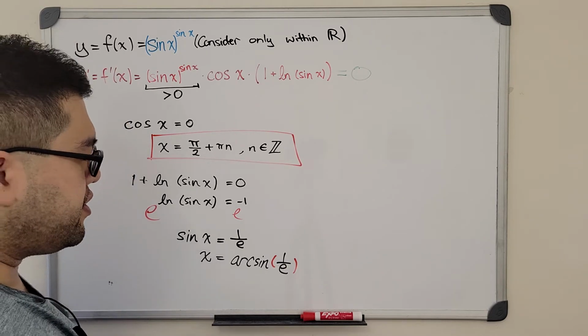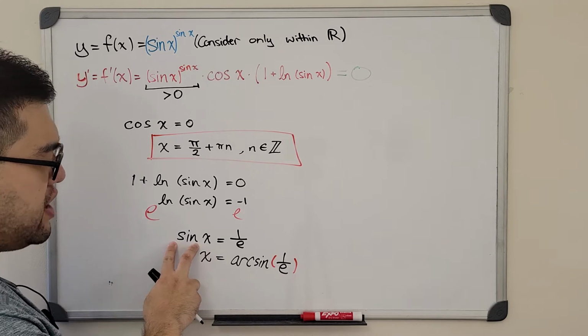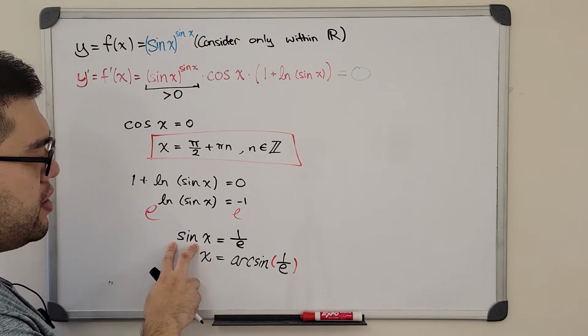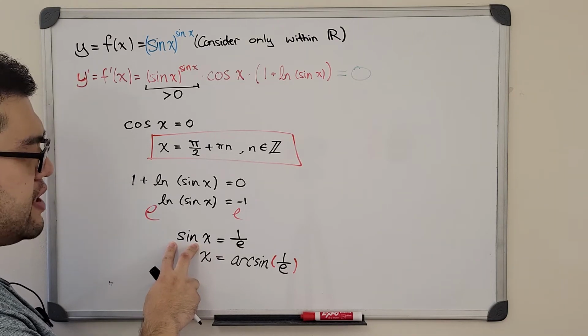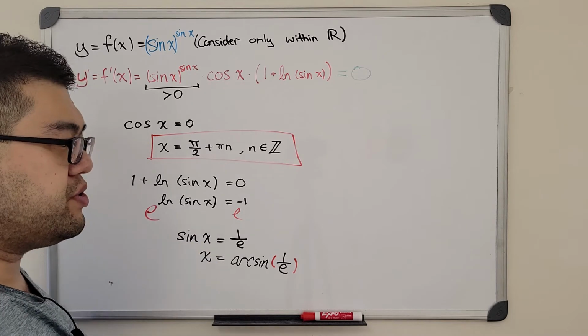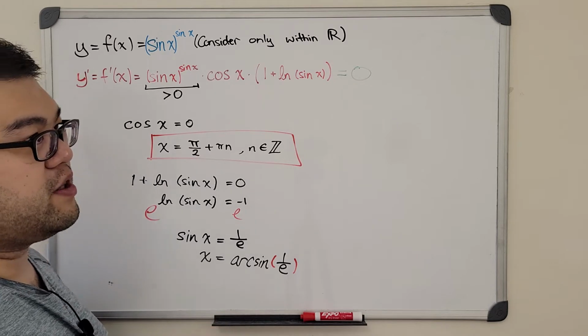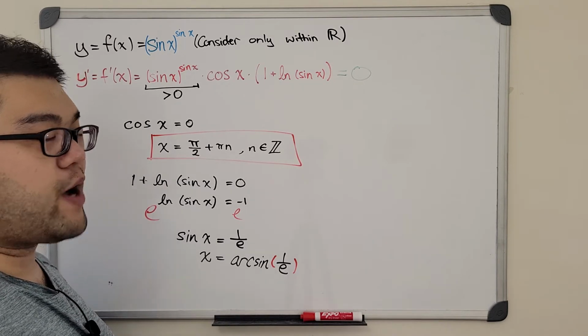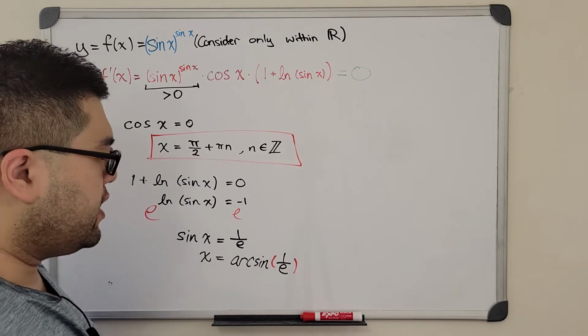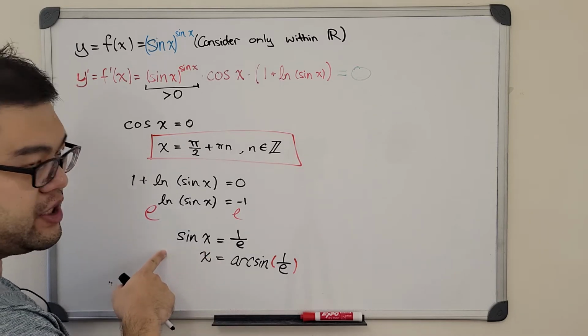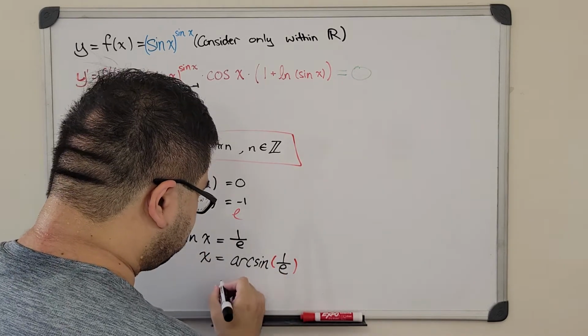But if we consider the sine function itself and look at the graph, there is another value that's satisfied in quadrant number 2 if we use the unit circle. Or in other words, there must be another value between pi over 2 and pi that also satisfies this condition here. How do we get that?